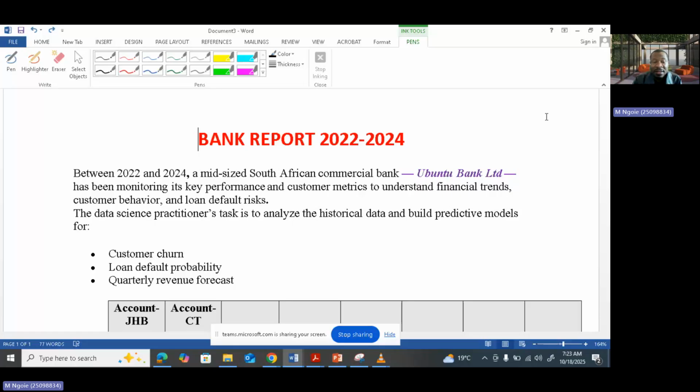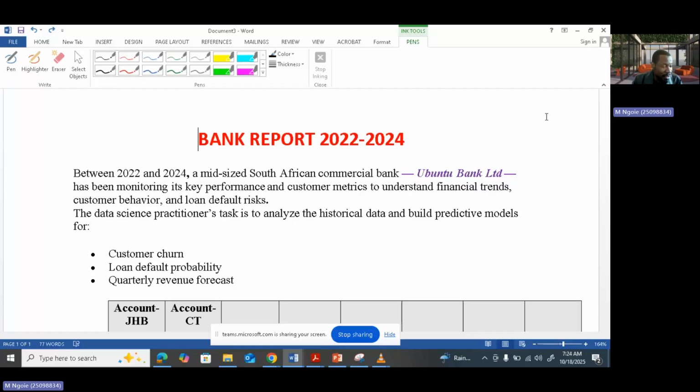Now, your task as a data science practitioner is to analyze the data that was given to you, like this one. Analyze means understanding what the data is telling you, right? That is not an easy task.